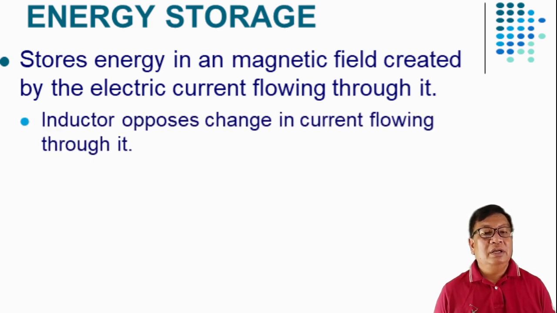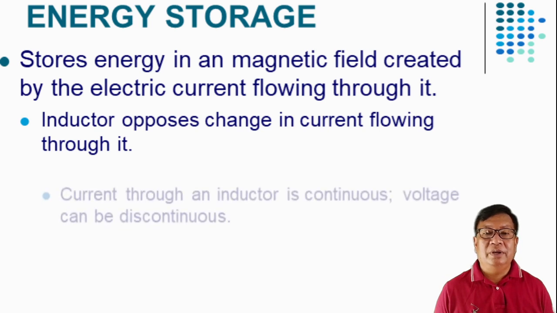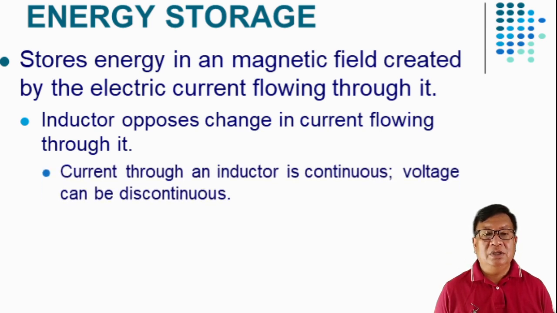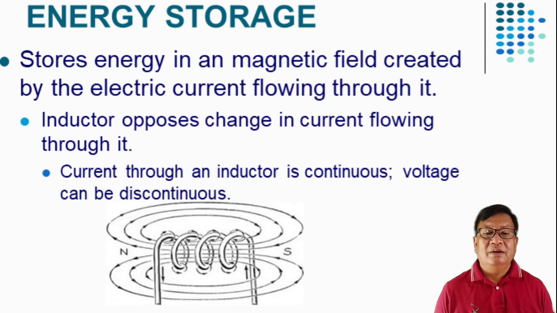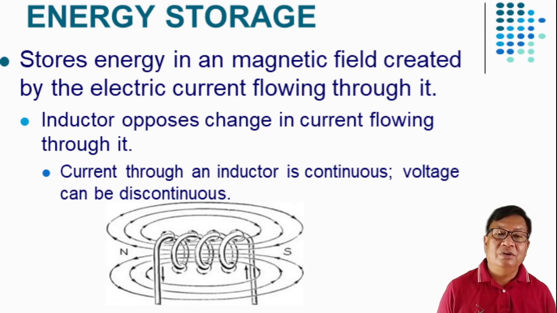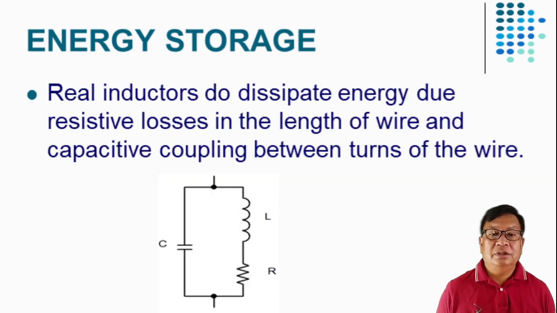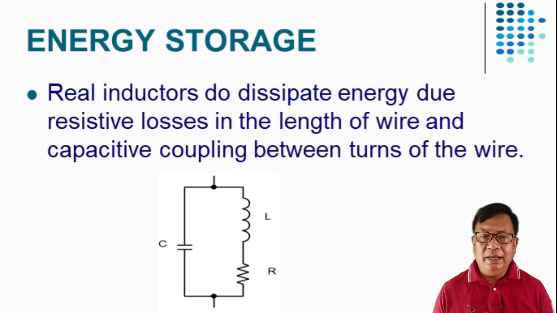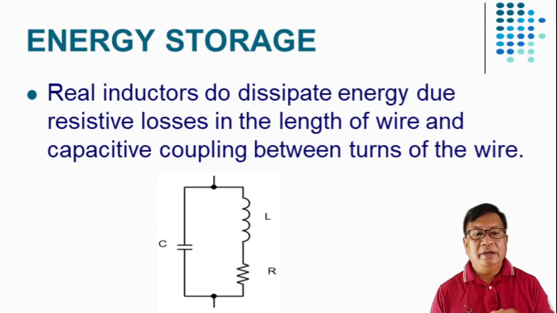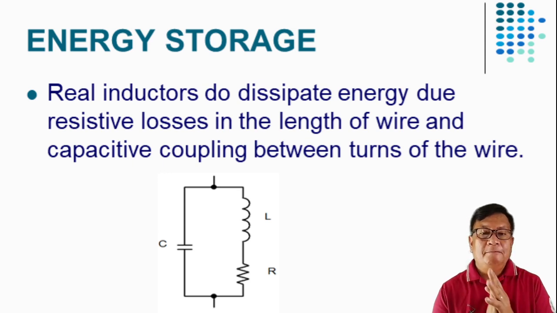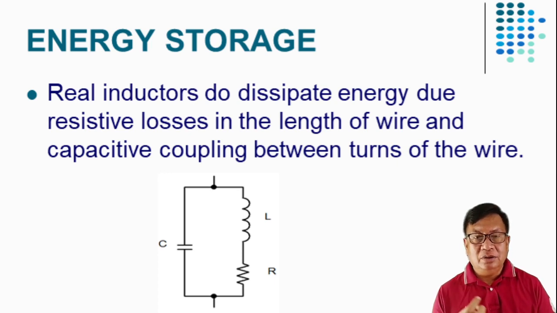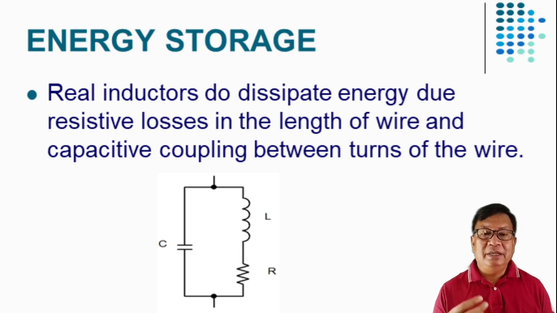Okay. So inductors oppose change in current flowing through them. Current through an inductor is continuous. Voltage can be discontinuous. Okay, pwede putol-putol po yung voltahe natin, pero yung kuryente natin kailangan continuous yan. Basically, in a real situation, ang inductor natin ay mayroon po itong property ng capacitance at the same time mayroon po itong property ng resistance.